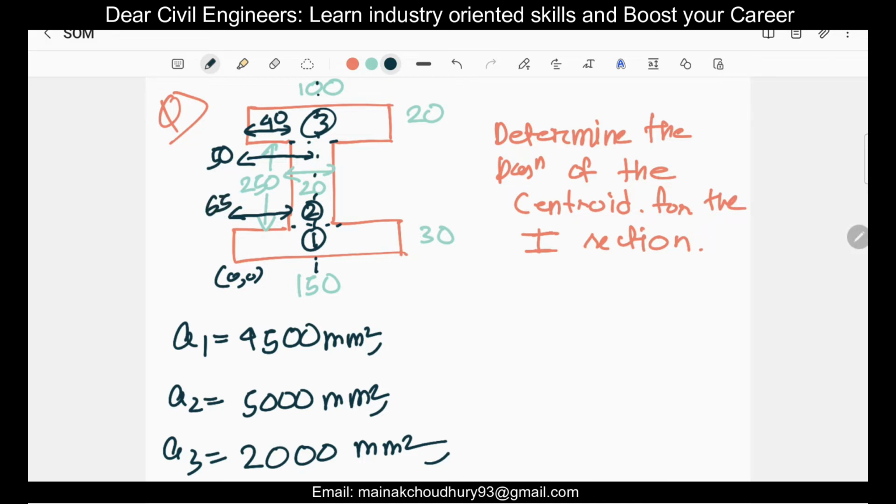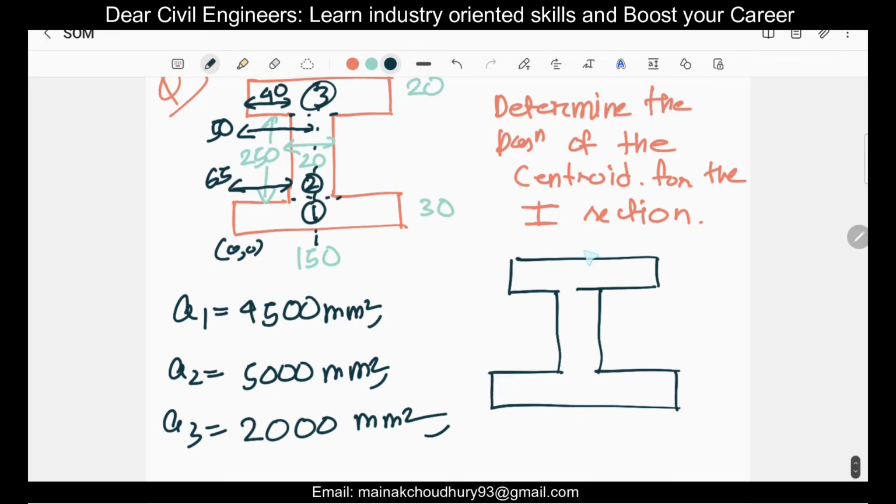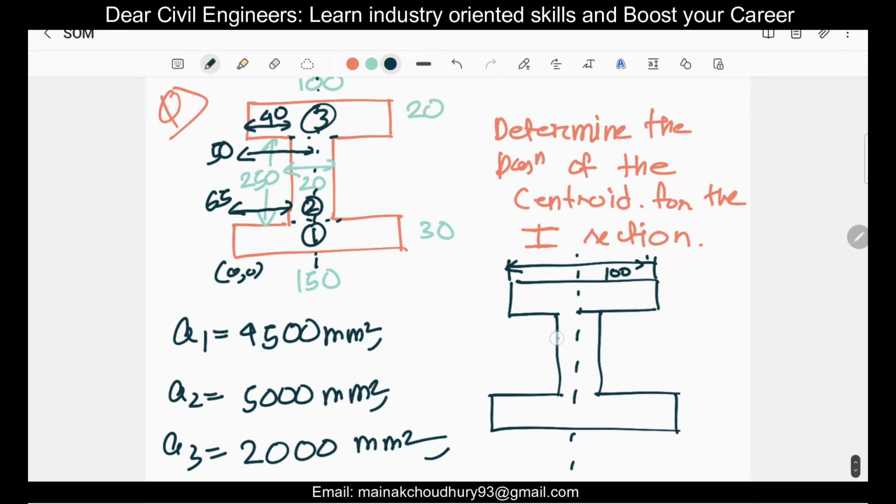This concept is very important. If you don't understand, I'll draw it again, to not make it more clumsy. Many people might not get it. I could take it directly through the parallel axis theorem, but for explaining I'm doing this. What is given here is 100 in the question, this is your 20.